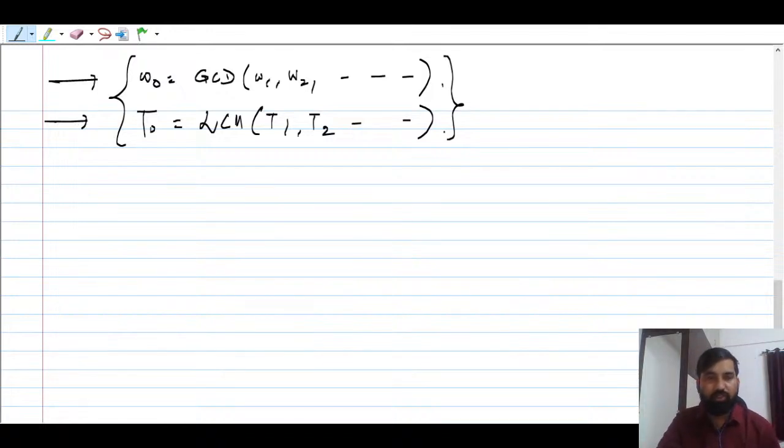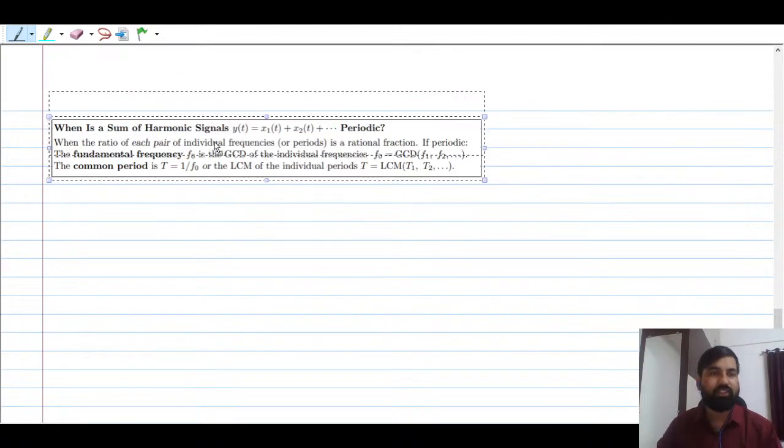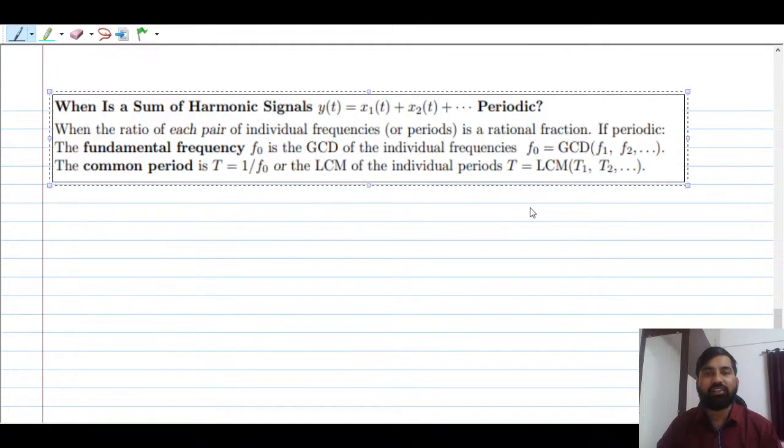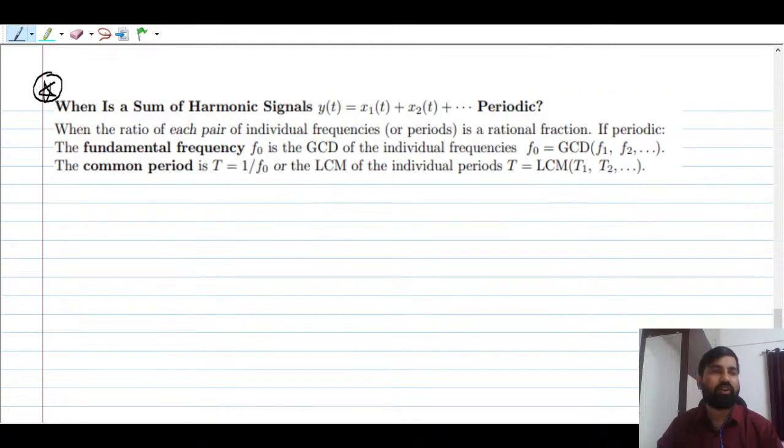So let me put this in a proper manner. This is a very important question that people can ask, mainly in ISRO and also GATE. What I want to say here is that this is a very important concept.